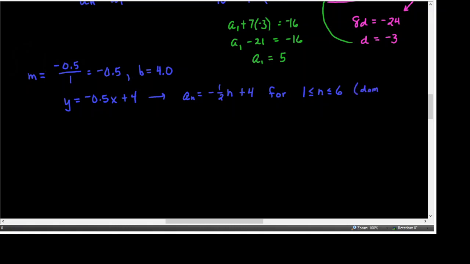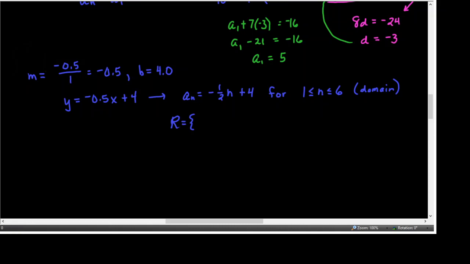And then the range is a set of numbers we're getting for the outputs for the a sub n values that are plotted there. And so that is the set of numbers.